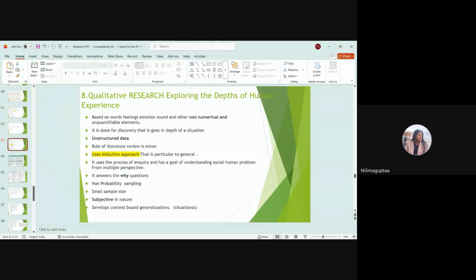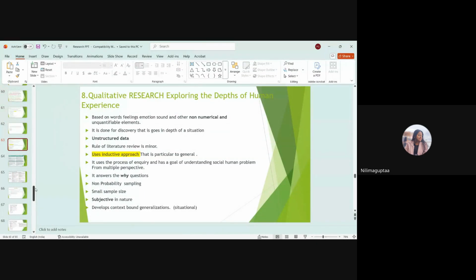For example, in quantitative, I say that every 10th person in this list will be my sample. In non-probability, I randomly select anybody. For example, I have a list of 1 to 100. From 1 to 10, I select 2, 3, 5, 7. From 11 to 20, I select only 12. Then from 21 to 30, I select 3 or 4 numbers. Anyways, that is non-probability sampling.